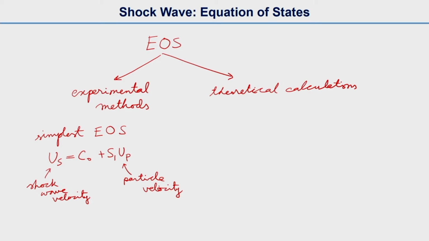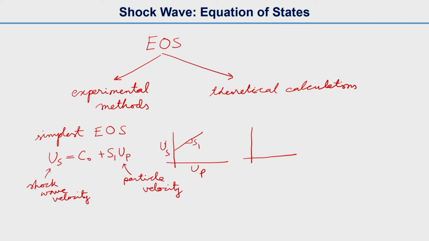We plotted this earlier, Us versus Up, a linear relation with slope S1, and there can be some other relations also.